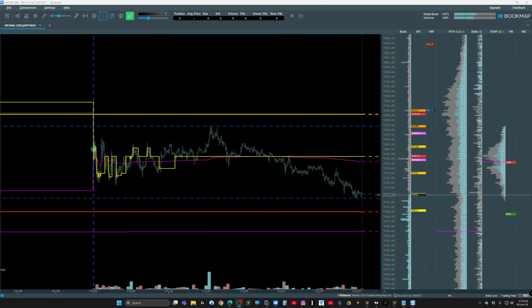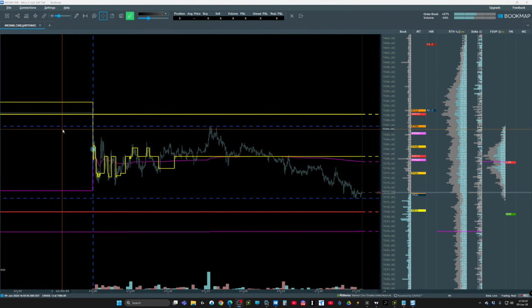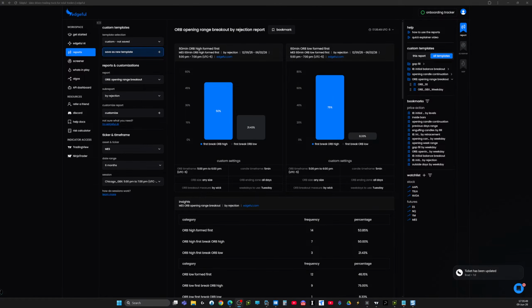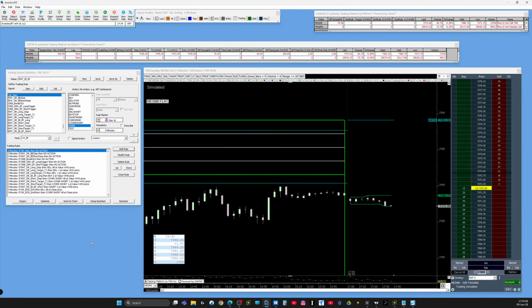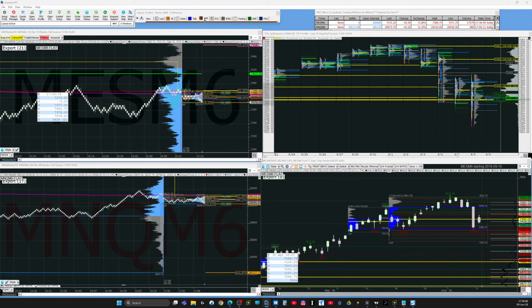So let's see where we go. Well, we get 25 minutes to the top of the hour, and that will be the opening range. And we'll see what we see.